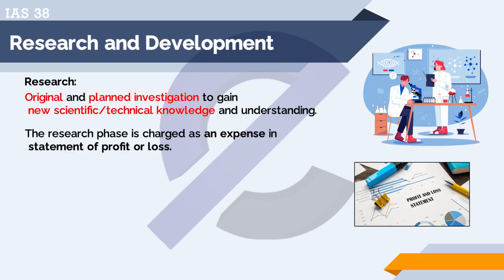So as soon as the expense is incurred, in the same accounting period, it is immediately charged to statement of profit or loss, and the name used to show this kind of expense is research expense. Now, a few more clarification points with respect to accounting of research. Research can be done in-house or it can be outsourced to a third party.